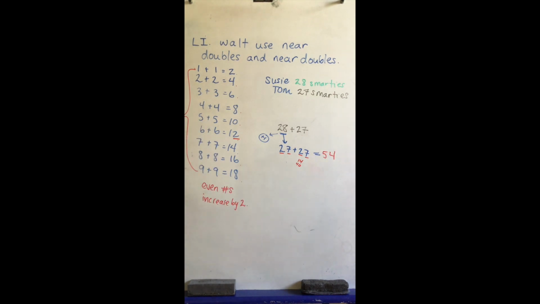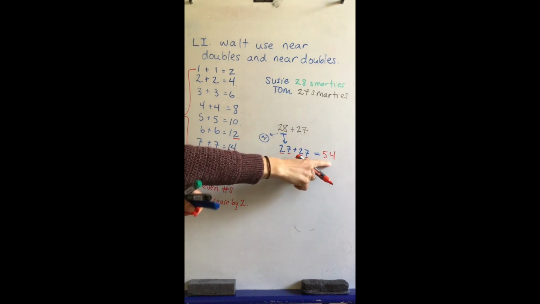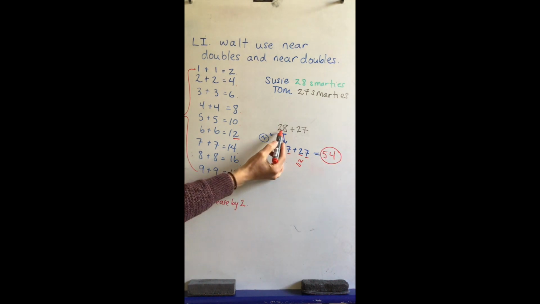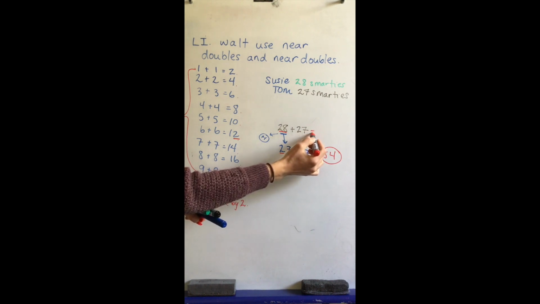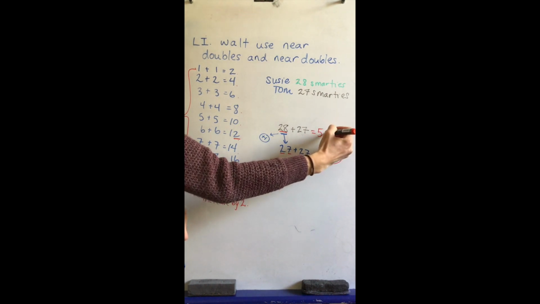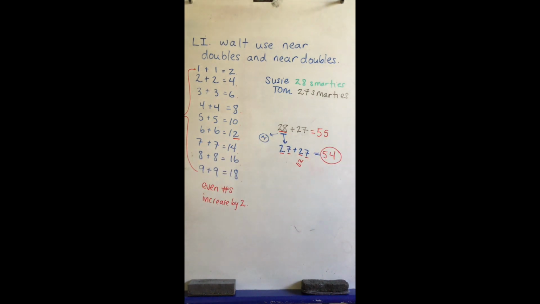But remember, I have to add on my wee 1, okay? So 54 would be my double of 27, but it's a near double, so it's actually 28, so I need to add on my extra 1. So 54 plus this extra little guy here would be 55, okay?